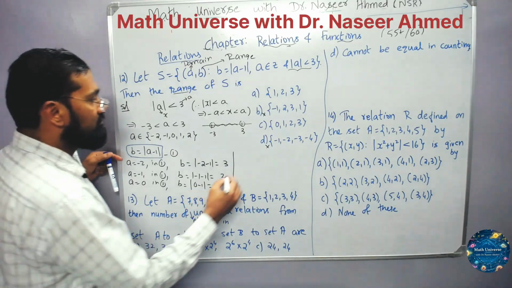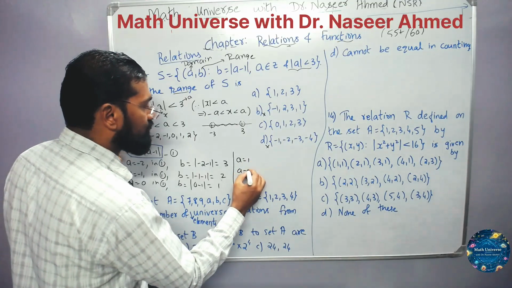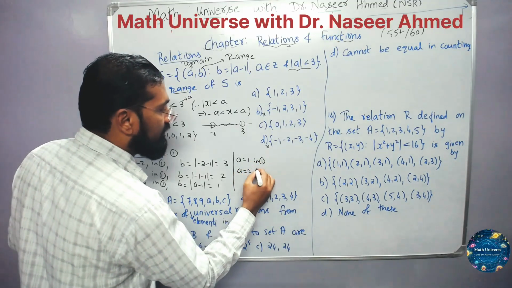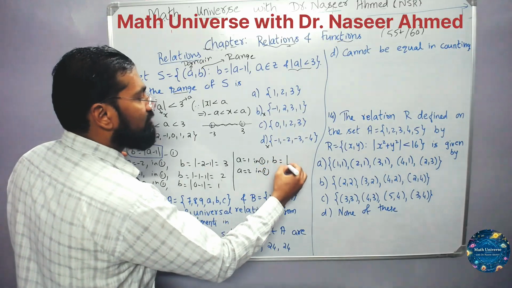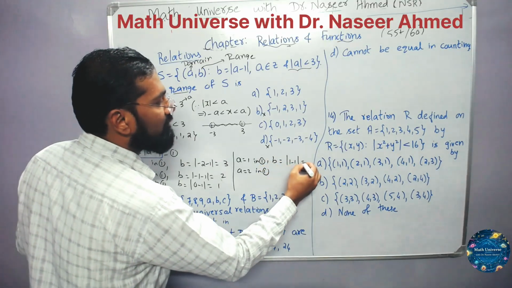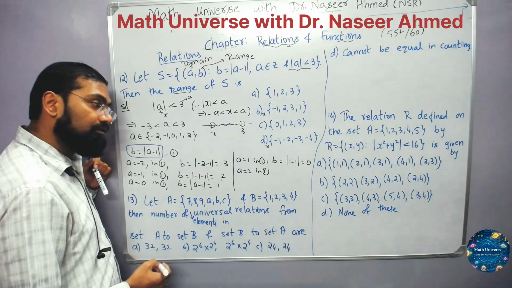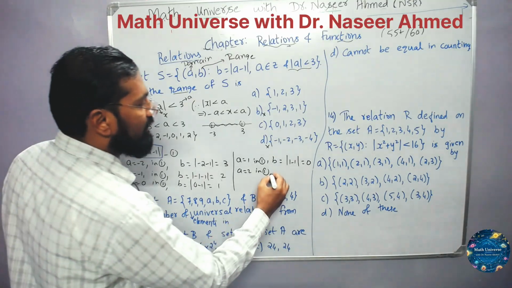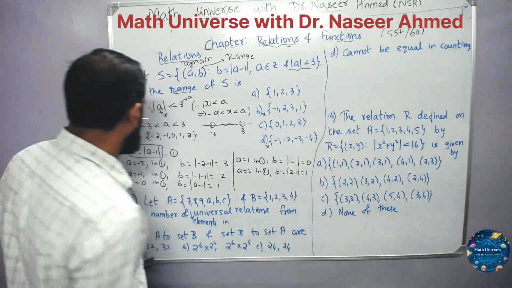Next, a is equal to 1 and lastly a is equal to 2. Put in equation number 1 in each of these. So I'll get b is equal to 1 minus 1, which is 0. That's why I said the modulus of a number can be positive as well as 0. Then again b is equal to 2 minus 1, which is 1.